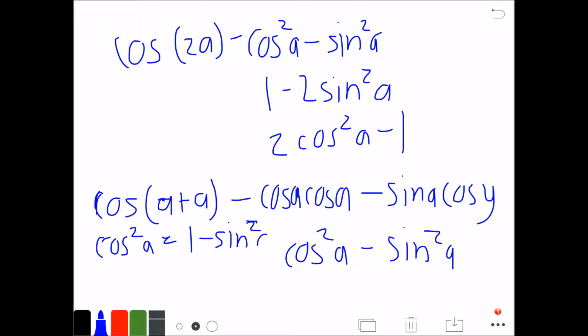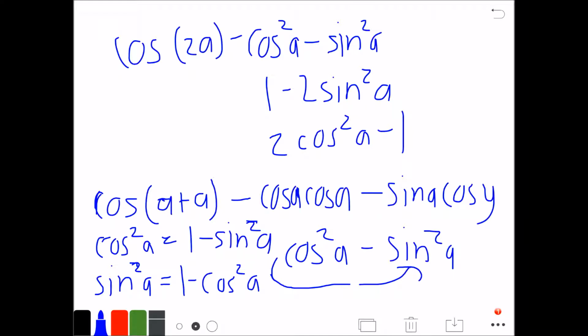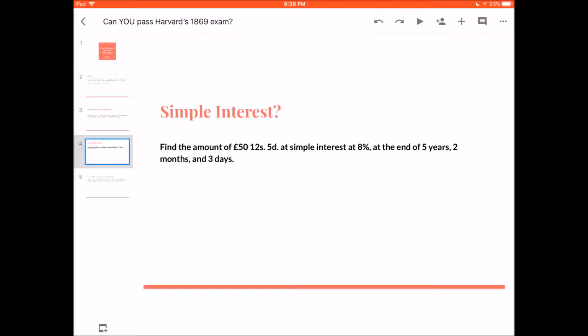But if you use the identity sine squared a equals 1 minus cosine squared a, the Pythagorean identity, and plug it in there, you should get the third form, and you have proved it. So there you go. Let's move on to the next question.